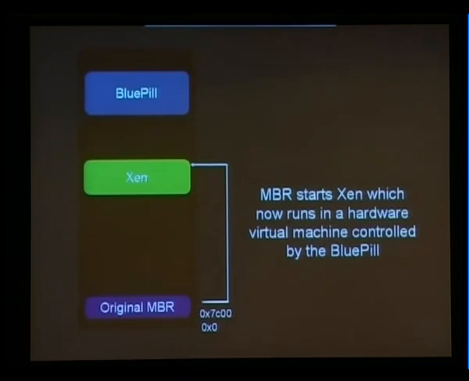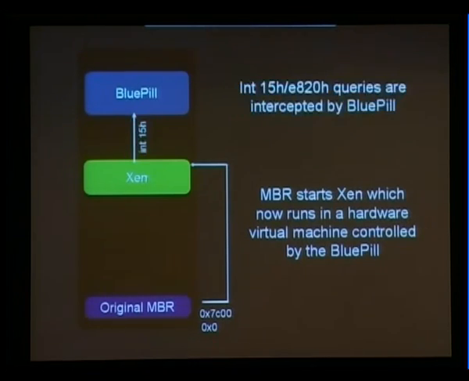So when Xen starts, it has to query the memory layout map. Since Bluepill does not virtualize any memory, it has to intercept this query of the memory map. This memory map is obtained by calling interrupt 15 in BIOS. And it has to modify the map so that not Xen, not any other operating system loader will overwrite the contents of this Bluepill memory.